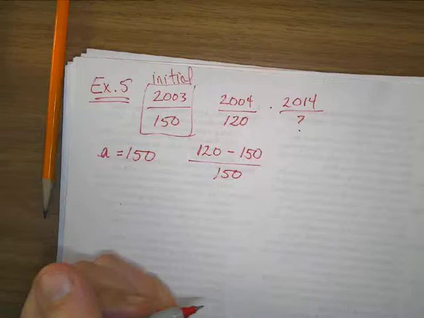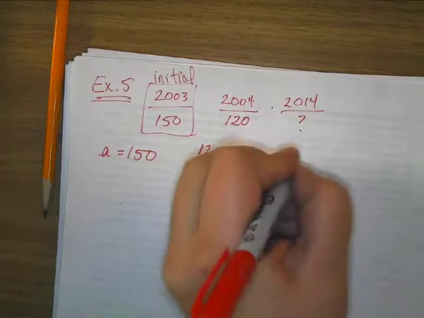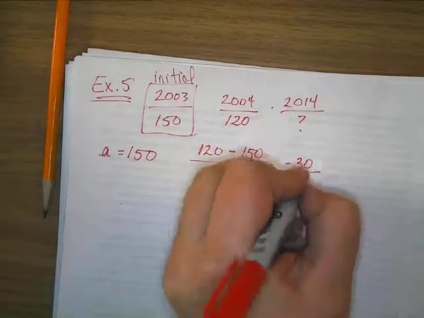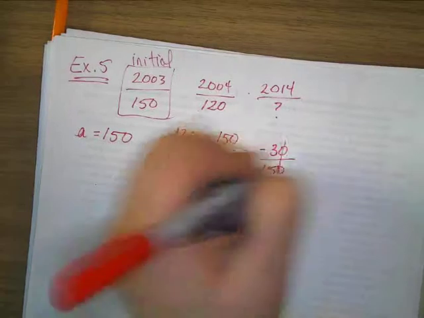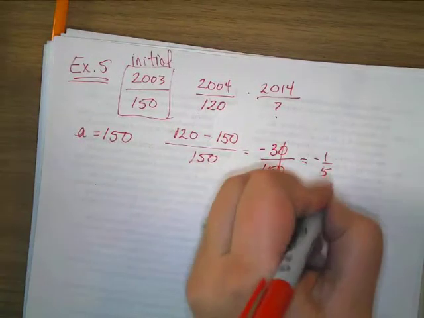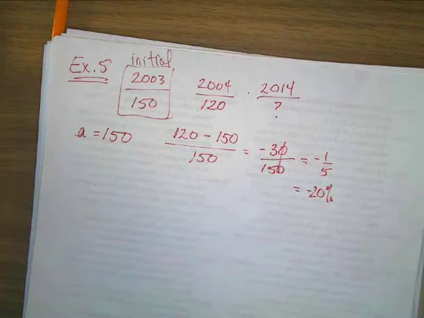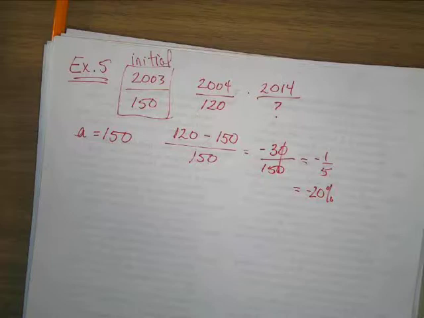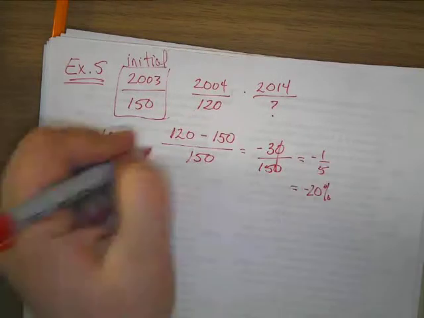So what's 120 minus 150, over 150? Negative 1/5, which is, oh, they're decreasing 20%. So now we know what our R is.